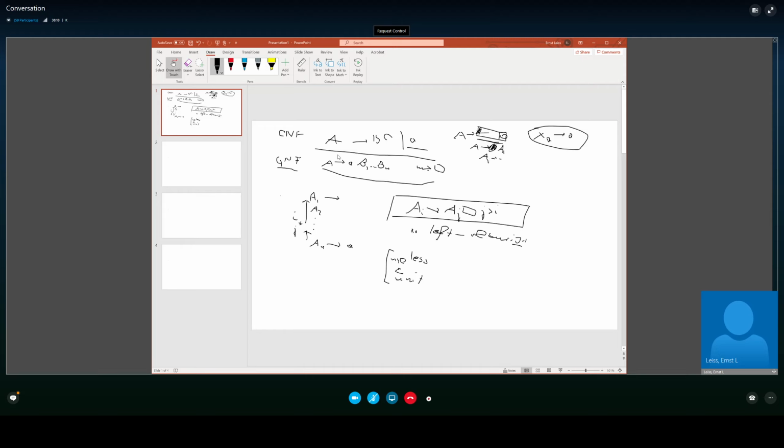Whereas in Greibach normal form, it's completely different. You basically do the elimination of left recursion. That is the key observation of that.